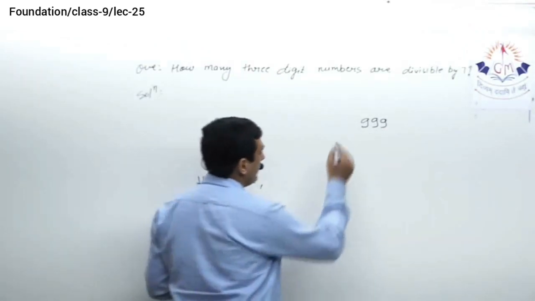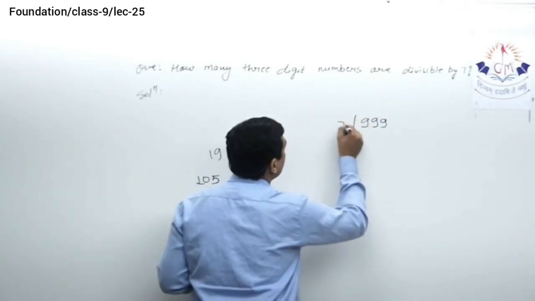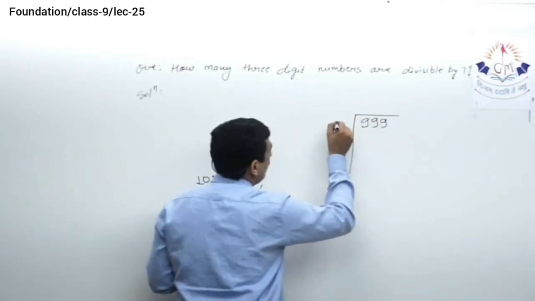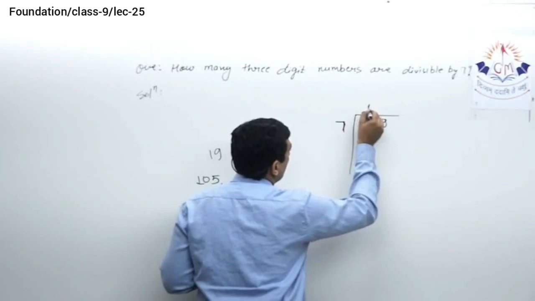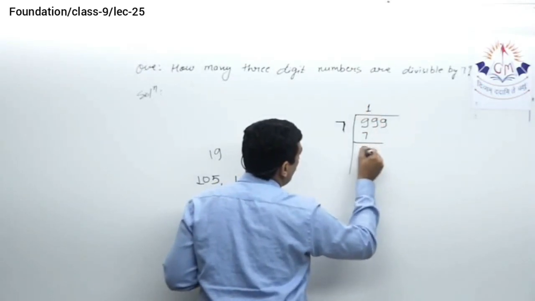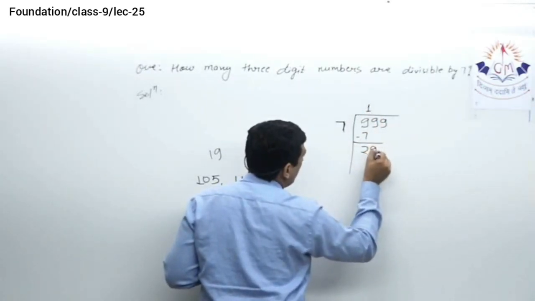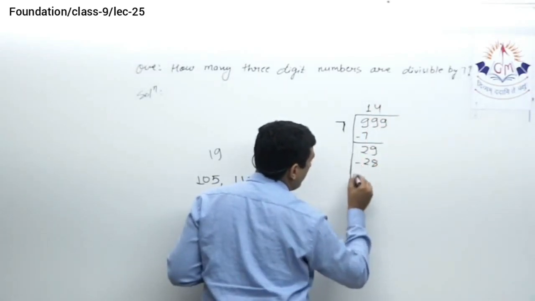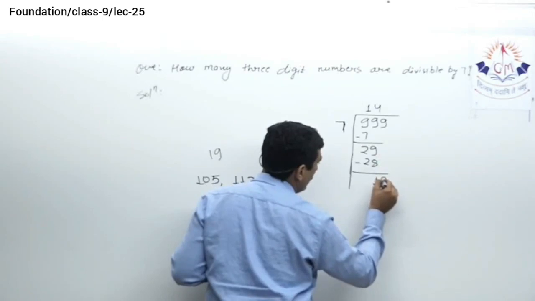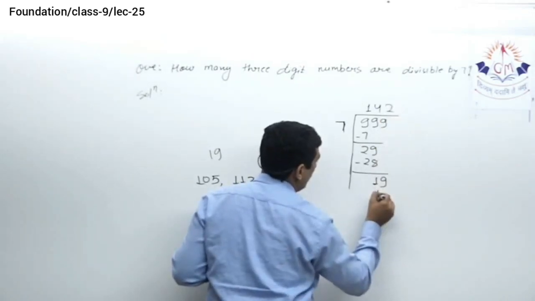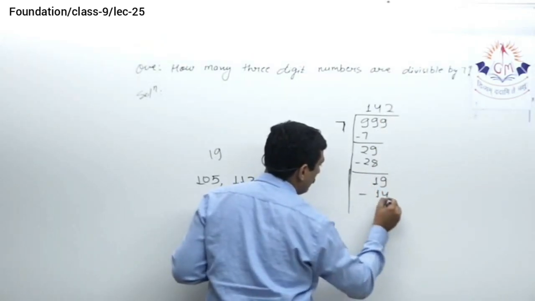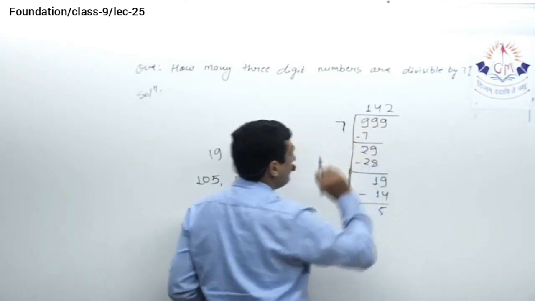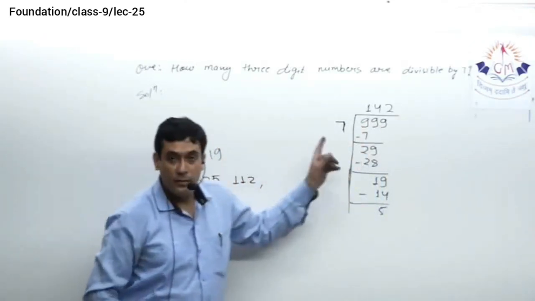Now let us see if it is divisible by 7 or not. If I divide it by 7, here it is 1, 7, I will get 2. Then 29, 7 fours are 28. Again on subtracting, I will get 1, I bring down 9, 7 twos are 14, and the remainder is 5. That means it is not divisible by 7.